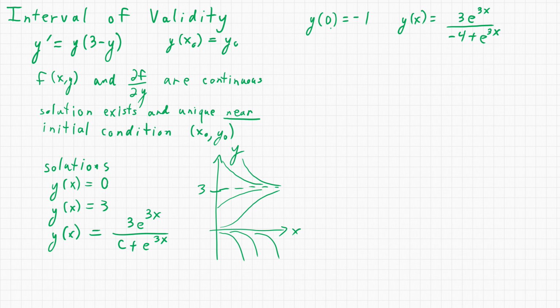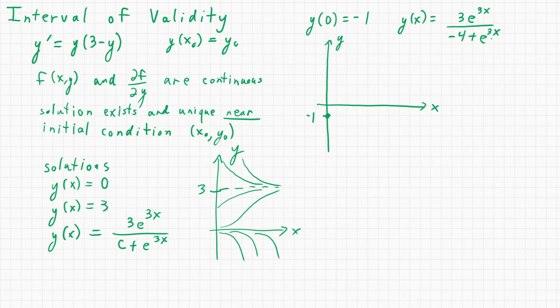If we plug in 0 for x, we end up with 3 times e to the 0, so we have a 3 on top. And then we have -4 plus 1. So 3 over -3 is -1, so it works out. So we're starting out here, and this point here is -1, and that's where we're starting.